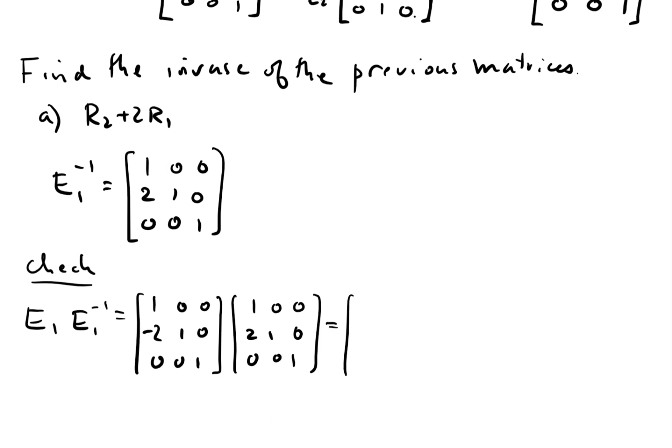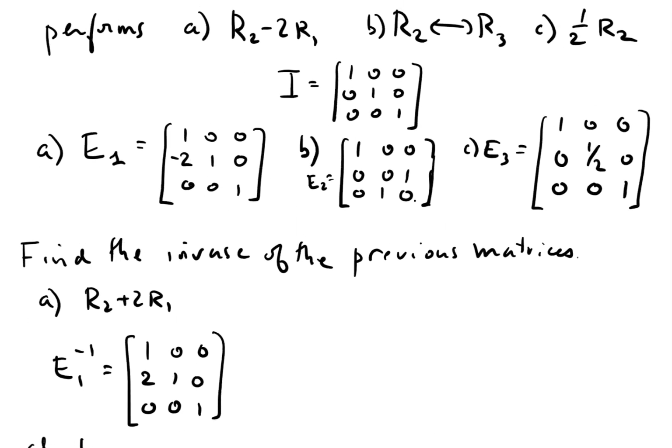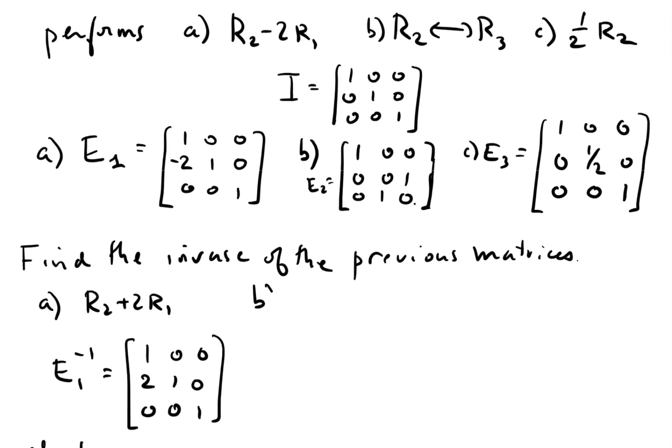So if I multiply this row by every column here, of course it's not going to change this guy. Second row, if I do minus 2 times 1 plus 2 times 2, that's 0. Minus 2 times 0 plus 1 times 1, 1. 0 here again. It's not too hard to see that, yes, I get the identity. Okay, so I'm not going to do this every single time, but you see that it works. If I'm unsure, I can always check it.